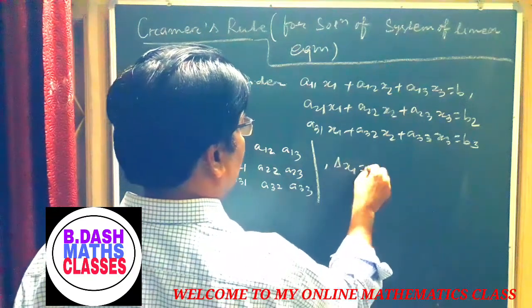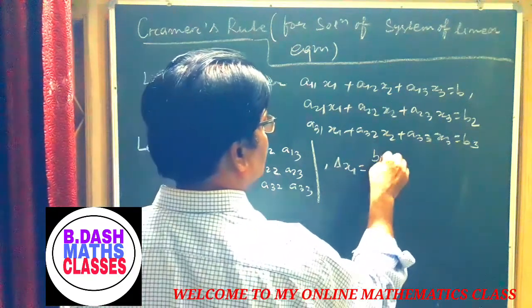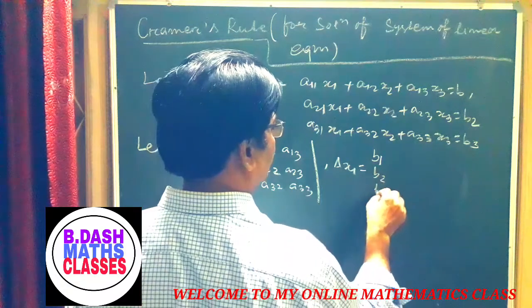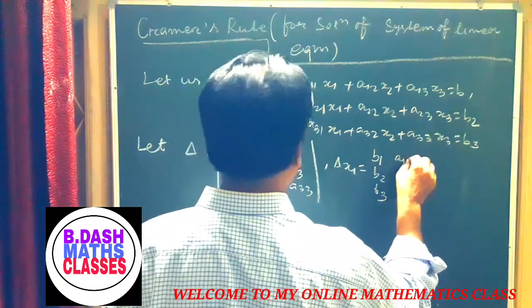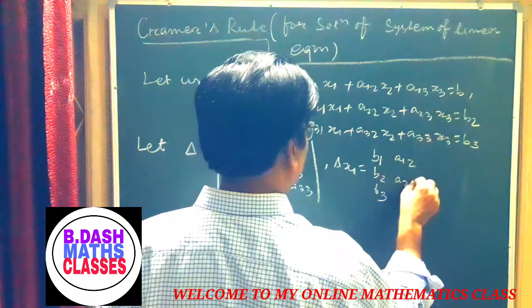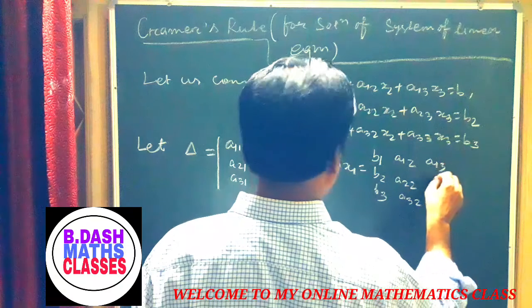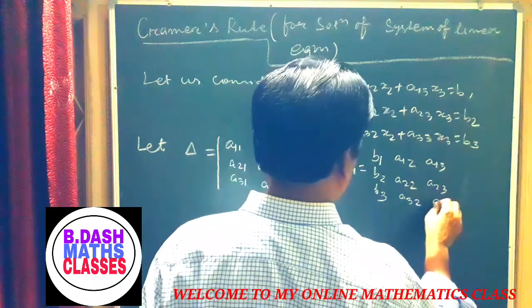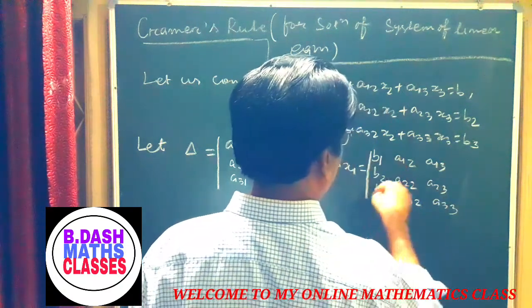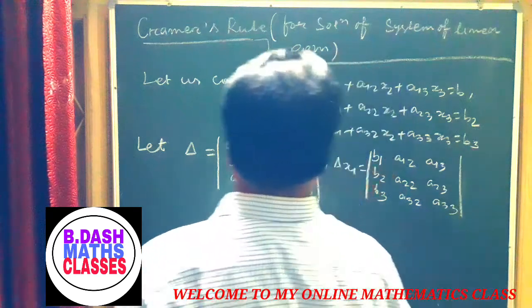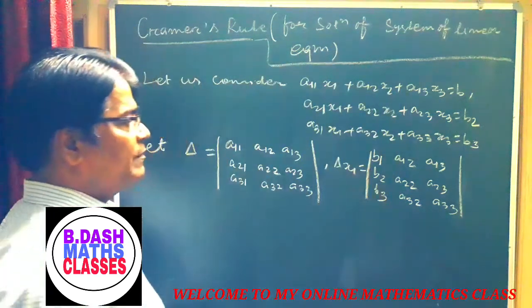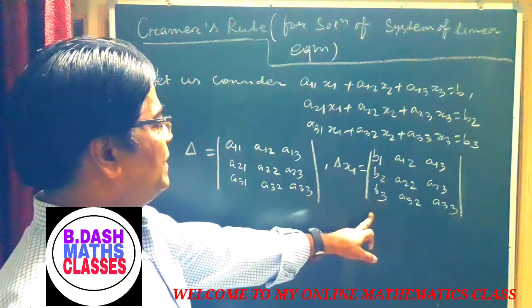Delta x1 is the determinant where the first column is b1, b2, b3, then a12, a22, a32, and a13, a23, a33. Here the first column is replaced by b1, b2, b3.